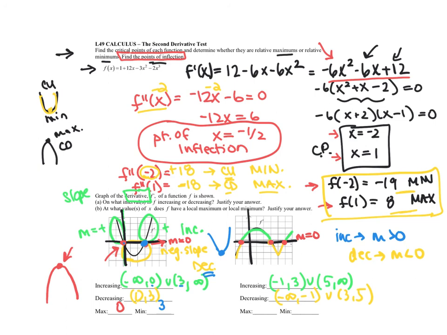So we're going to go from a decrease to an increase. So we're going to decrease and then increase. So this right here represents a minimum because it's a decrease followed by an increase. So that is a minimum at -1.